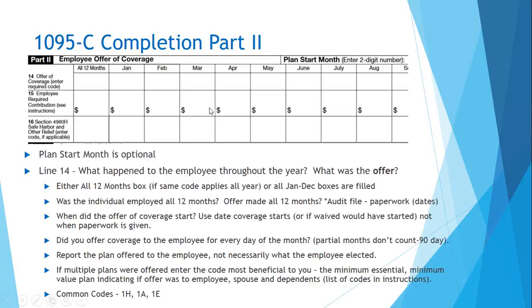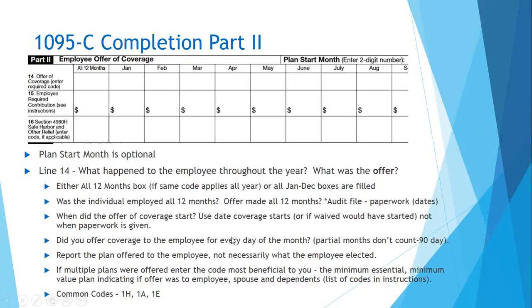If you have a 90-day waiting period and the offer of coverage happens to be in the middle of the month, let's say the middle of April, you can't put in that the offer of coverage occurred in April because it did not cover every single day of the month. So you don't get credit for April. You would only get credit for May and going forward.